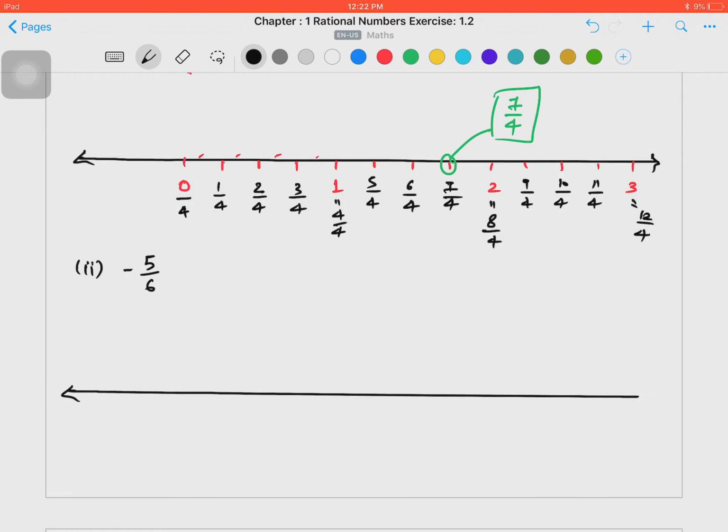Mark the arrow at both ends. Now you can notice the number here is minus 5 by 6, which is a negative number. So this will be on the left hand side of the 0. So first mark the 0 here. Now as you can see we have 6 in the denominator. That means we have to divide the region between each number into 6 parts.